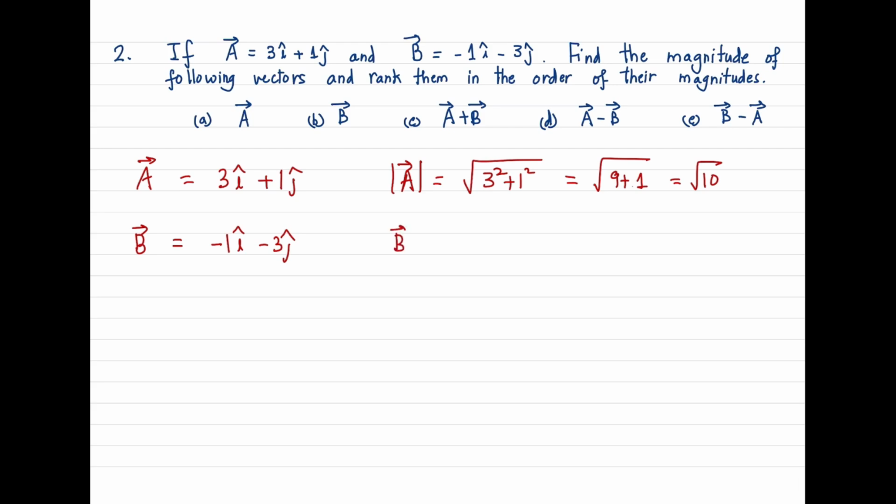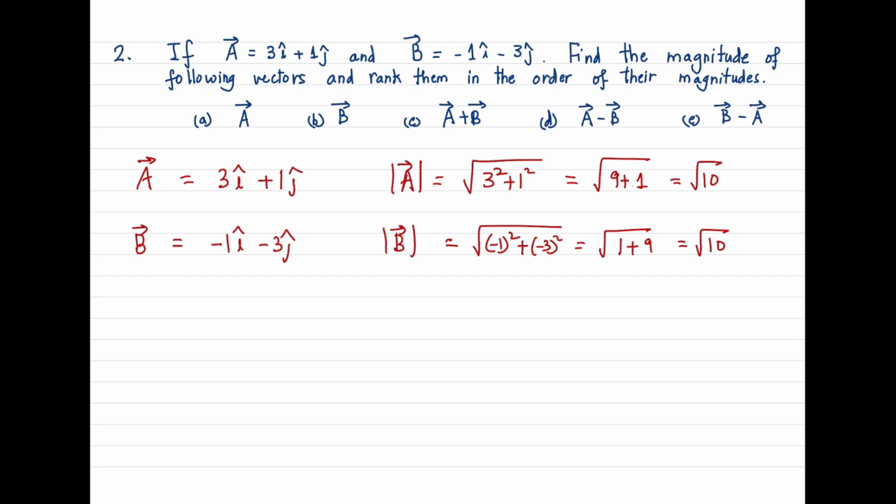So B vector will be square root of minus 1 squared plus minus 3 squared. I'm going to get 1 plus 9, which is equal to root 10. Okay, so both of them have equal magnitude.